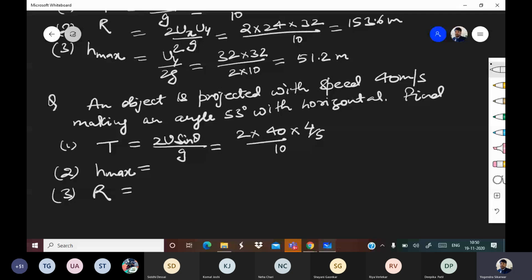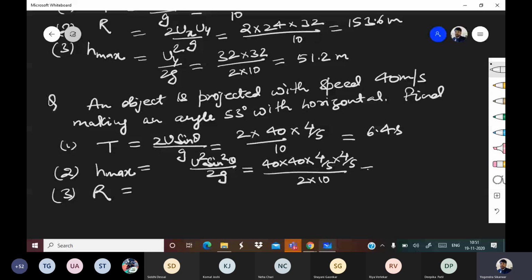H max is u square sine square theta upon 2g. So u square means 40 into 40 into sine square 53, 4 by 5 into 4 by 5, upon 2 into 10. So that will be how much? 51.2 meters.